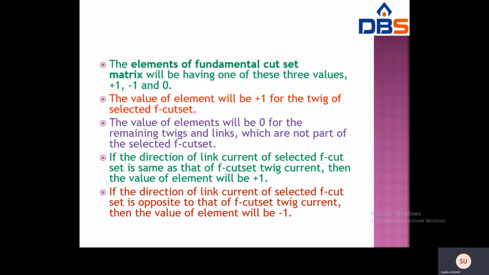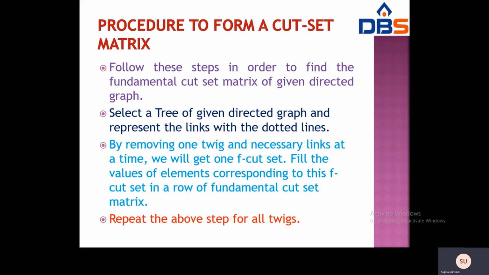So for the cut set matrix, for each cut set, there is only one tree branch and some number of links. If the direction of the link current of the selected F cut set is opposite to that F cut set twig current, then the value of the element is -1.